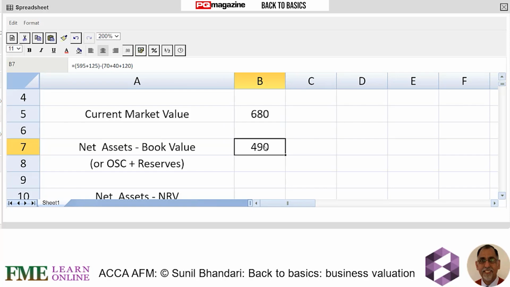Only if you're using book value on net assets, there is a quicker way of finding that number. And that quicker way is simply to take the issued share capital nominal value 80 million, add on to that the reserves of 410 million, and in book value that gives you 490 million.